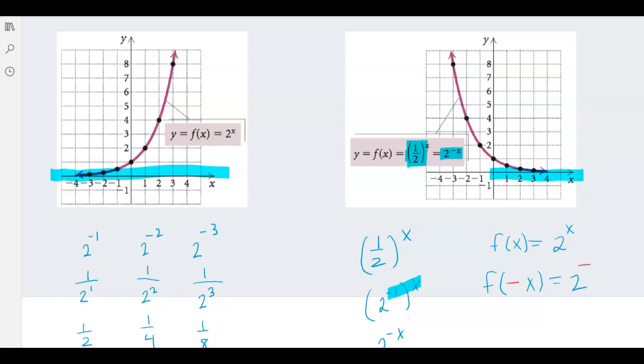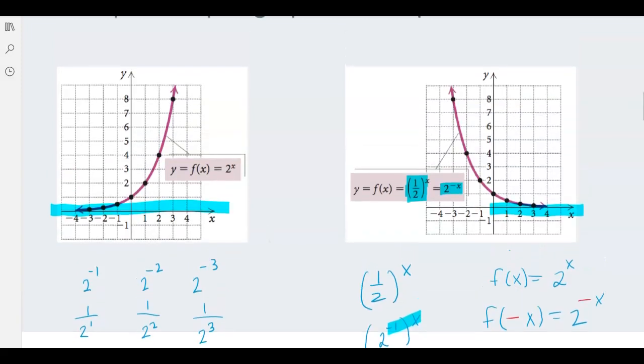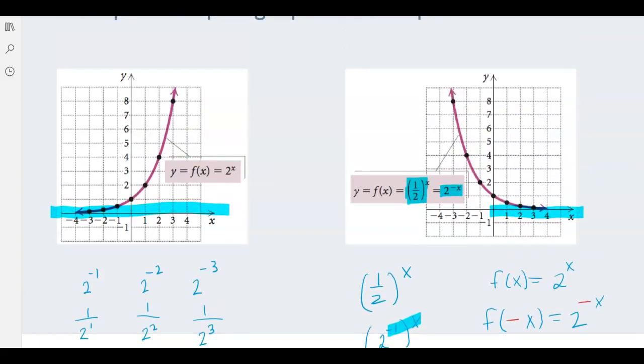We know that negative signs are reflections, and inside the parentheses is always going to be left to right. And so that's why we're reflecting these two graphs over the y-axis, because of where the negative sign is. If the negative sign were in front of the entire function like this, that would reflect over the x-axis instead, and the graph would be down here.